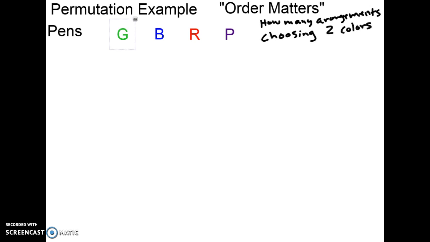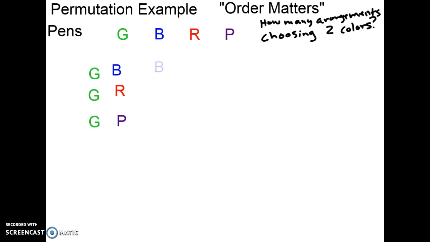Now remember, order matters with permutations. Okay, permutations, order matters. So we want to know if they're in different orders. So here, if we choose 2, we would have green and blue, and then we could have green and red, and green and purple. Okay, hopefully you can kind of see where this is going.